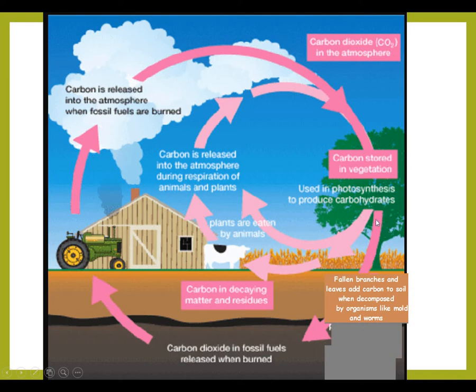Or we've also got accelerated release of carbon dioxide when we slash and burn our rainforests to make room for agriculture, because this is having an effect in two ways. Number one, you're cutting down a carbon store, a carbon sink. So there's no trees to absorb the CO2 in the atmosphere. Number two, when they're cut down to clear the area, they burn them, slash and burn. And that releases all the carbon that was stored away.